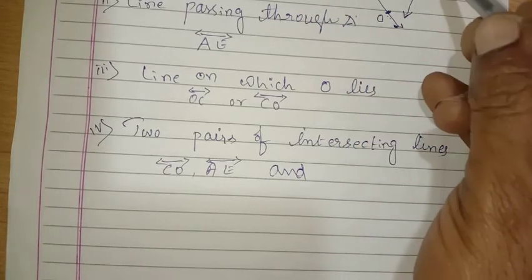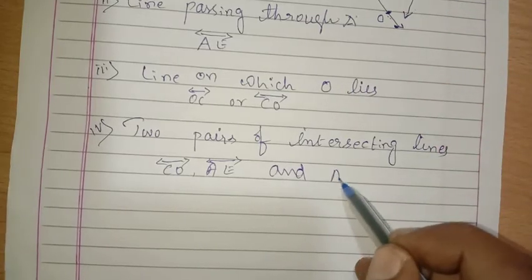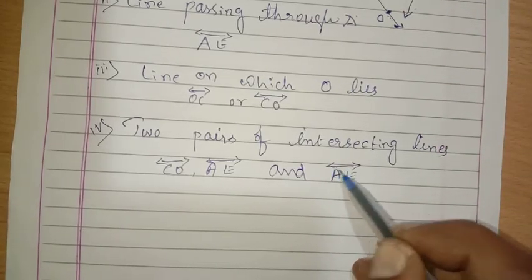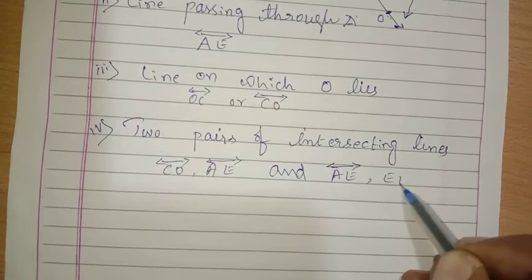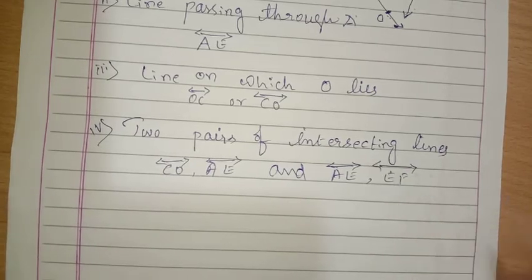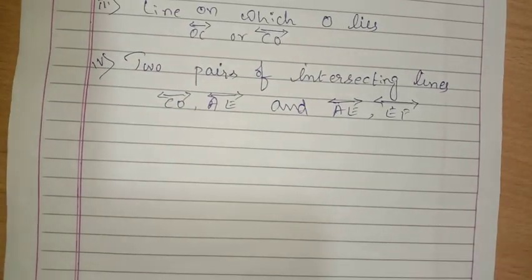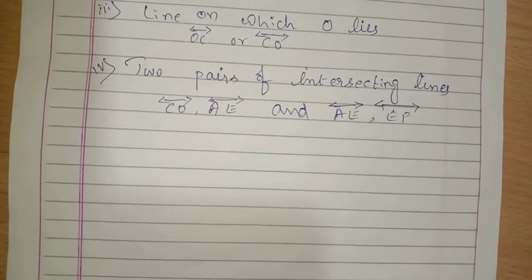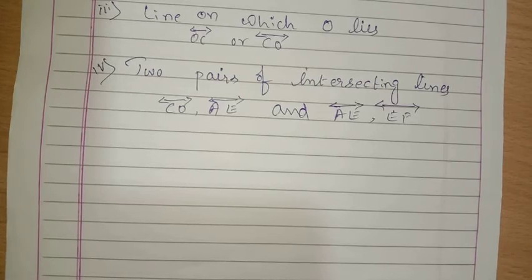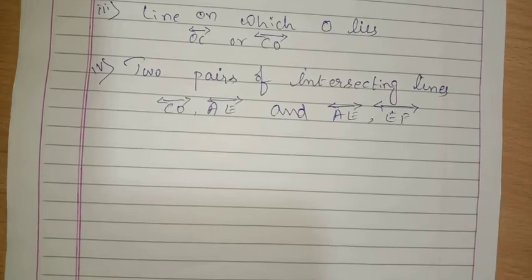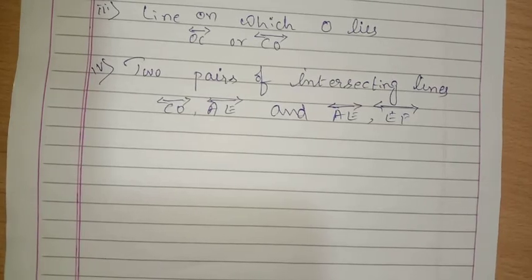So in this way you have to write a line containing point E, line passing through A, line on which O lies, and then two pairs of intersecting lines.